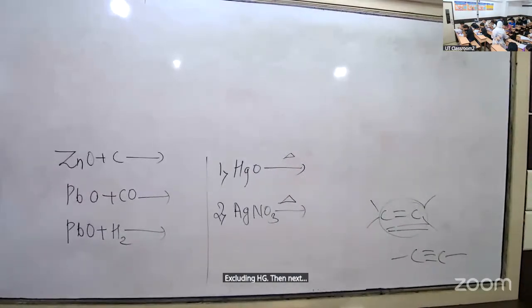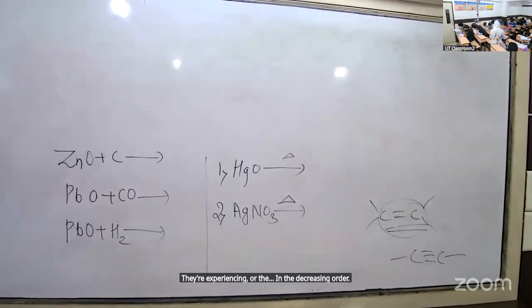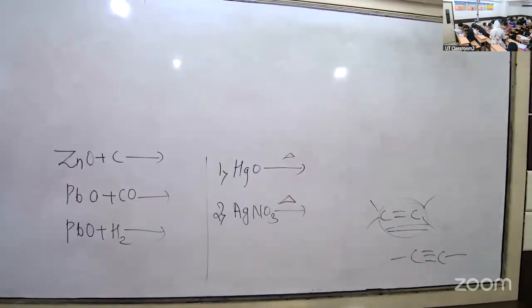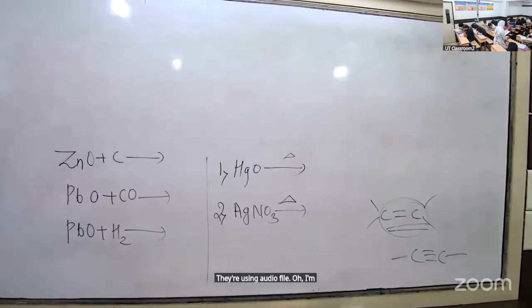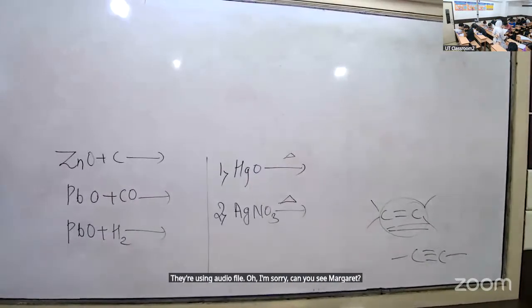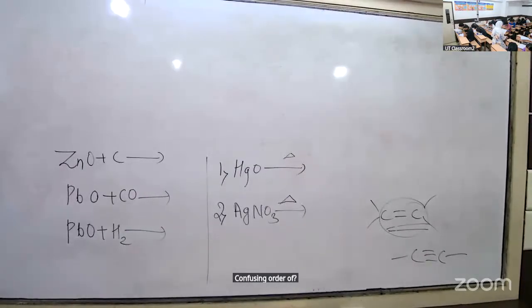Since the reactivity series lists the metals in decreasing order of reactivity and electropositivity.